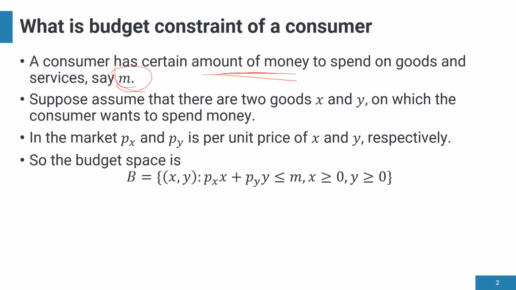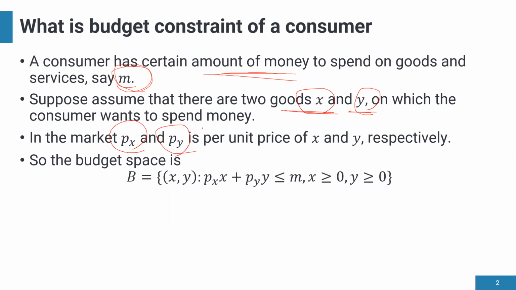So that is M. Suppose M is the amount of money the consumer has to spend on two goods, good X and good Y. So these are the two goods the consumer wants to consume, and here he has the income M. And PX and PY are the market prices.